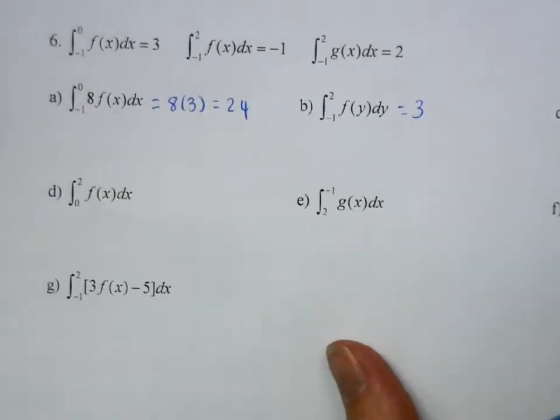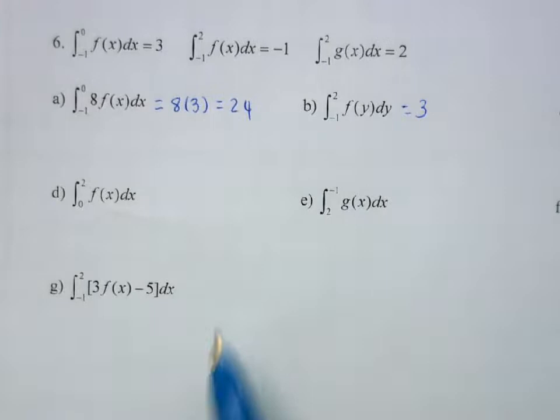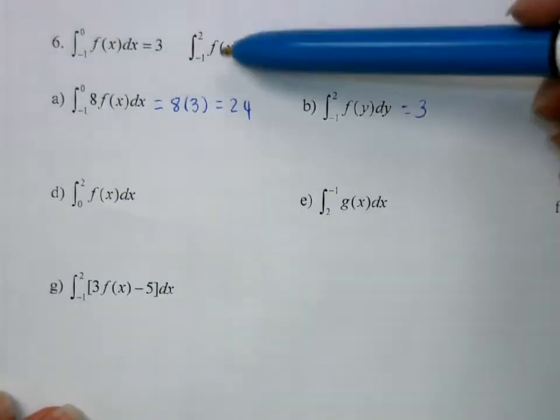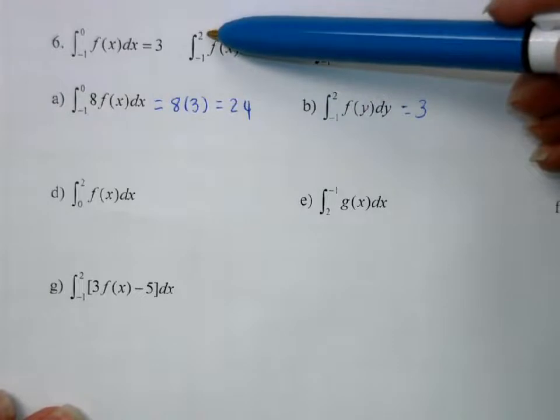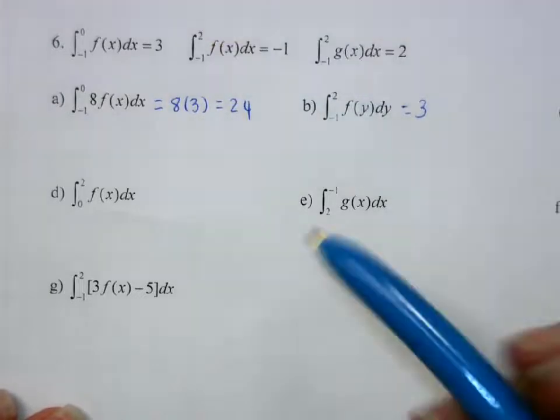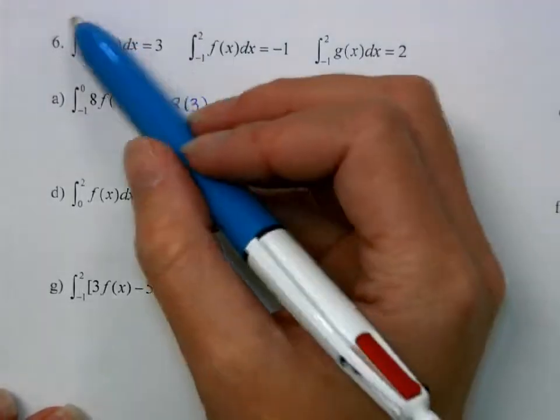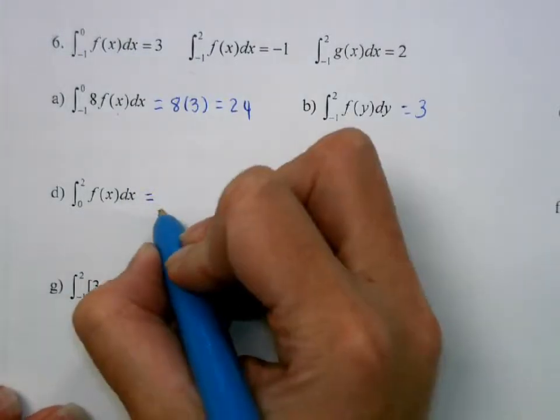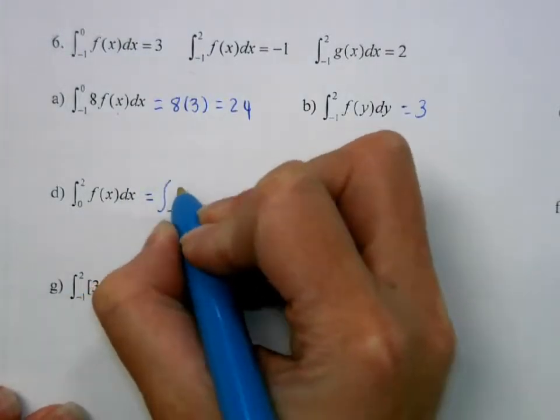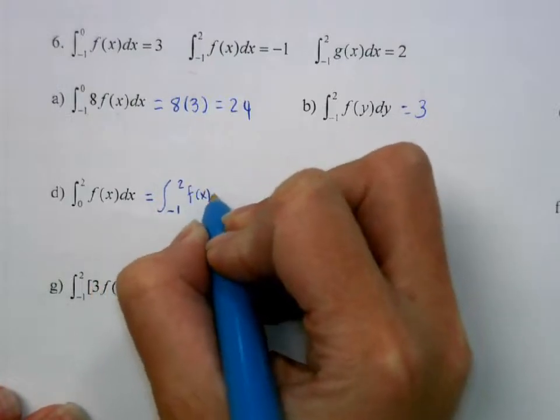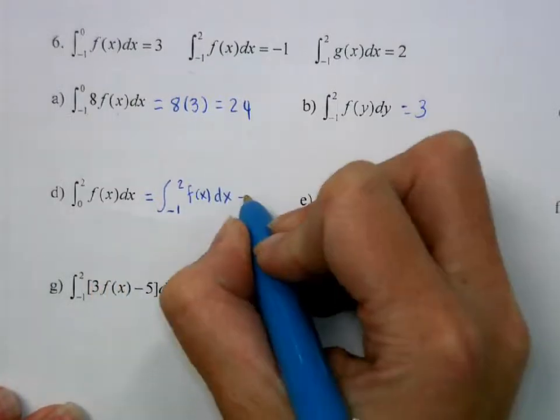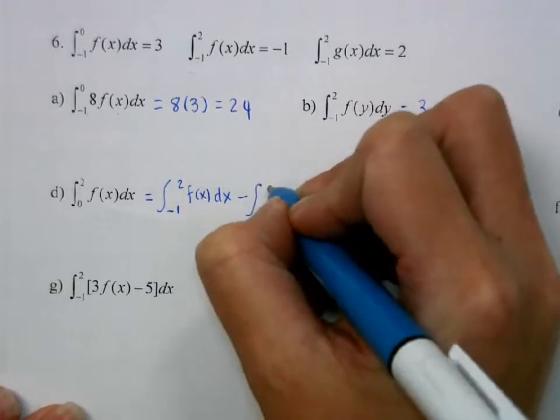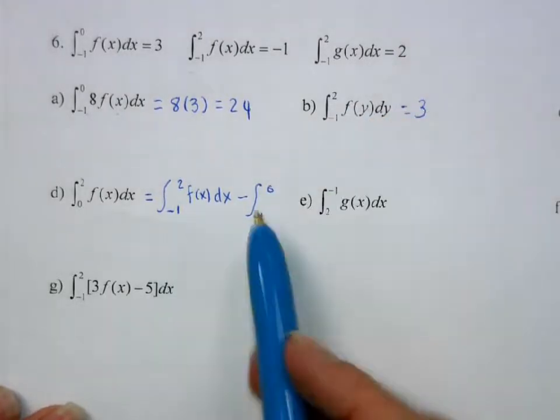Okay, the integral from 0 to 2 of f of x. Well, I have information about from negative 1 to 0, and I have information from negative 1 to 2. So to get from 0 to 2, I'm going to take this and subtract this. So this is going to be the integral from negative 1 to 2 of f of x minus the integral from negative 1 to 0, because we'll just take off that piece.